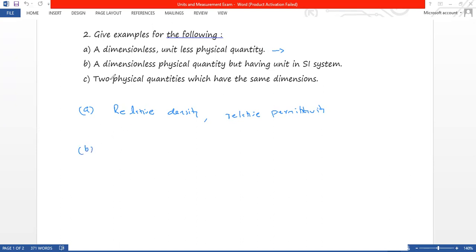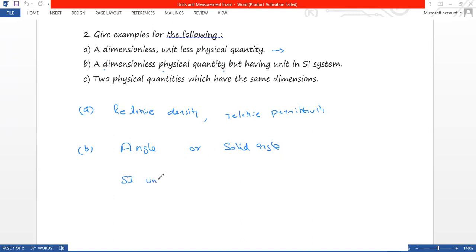And what about B? A dimensionless physical quantity but having the SI unit. Clear, right? So angle is a dimensionless physical quantity. Angle has SI unit radian, right? And angle or solid angle, both are the same. Plane angle and solid angle. What is the SI unit of angle? It's dimensionless.